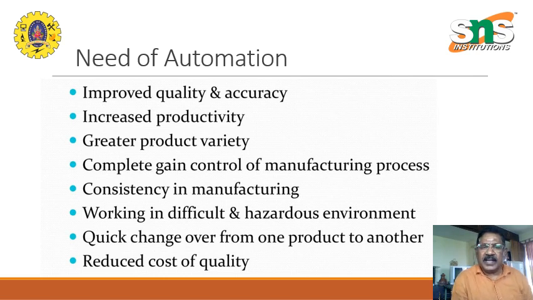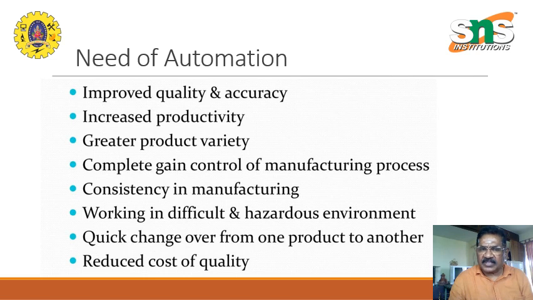Complete control of the manufacturing process, so you can control it at every stage, and depending on your requirement, you can manipulate the parameters to get the different kinds of outputs that may be required.